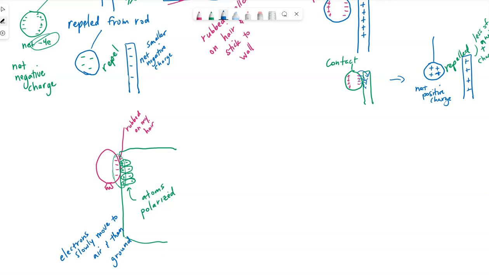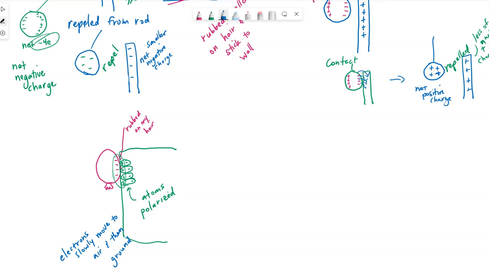Electrons are always trying to get as far away as possible. They repel each other because they are similarly charged. So ground is essentially the farthest they can get away from each other. And if there is a path, that's where the electrons will go.